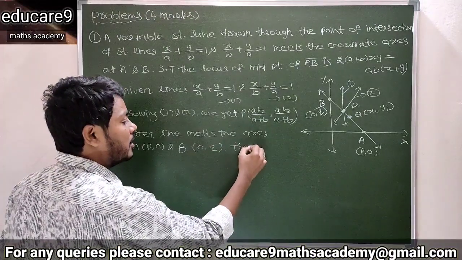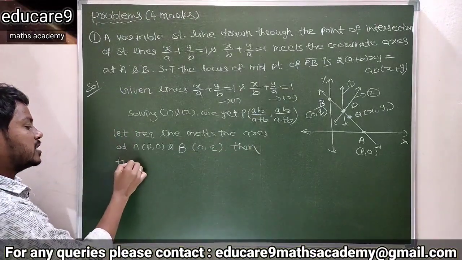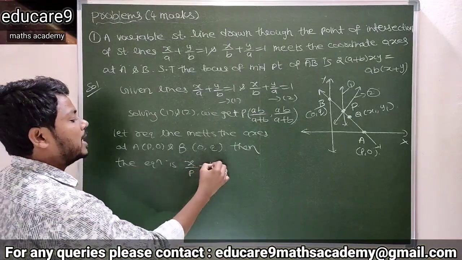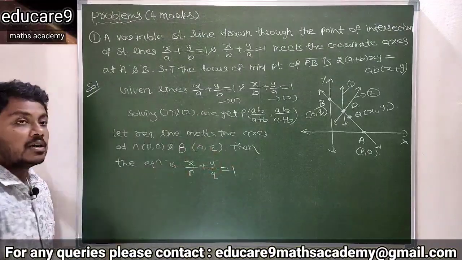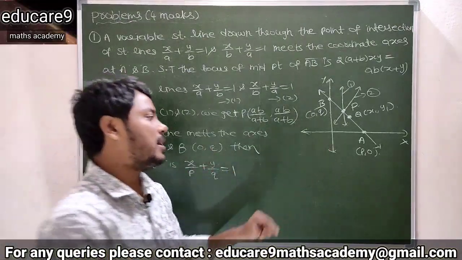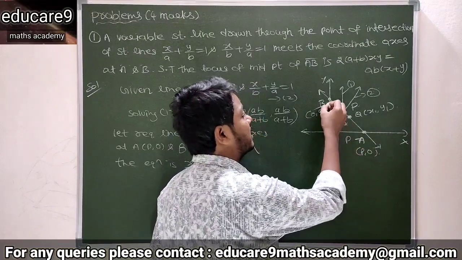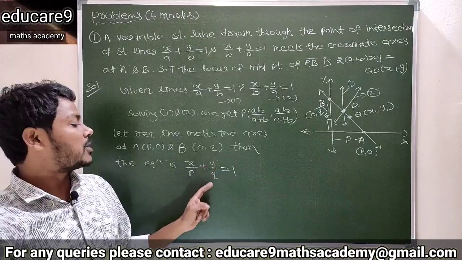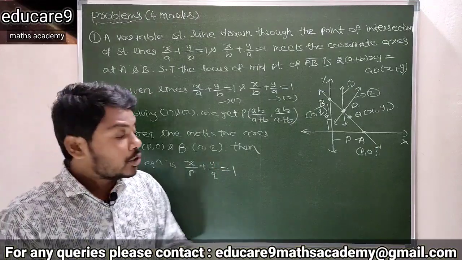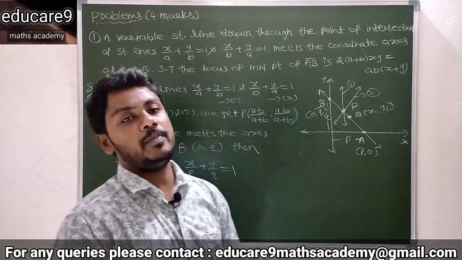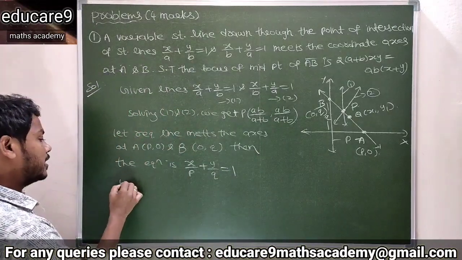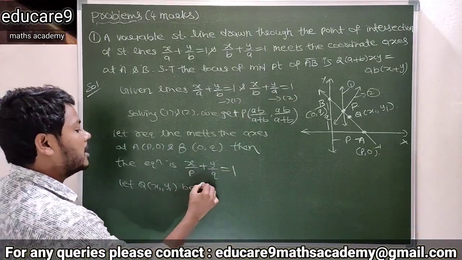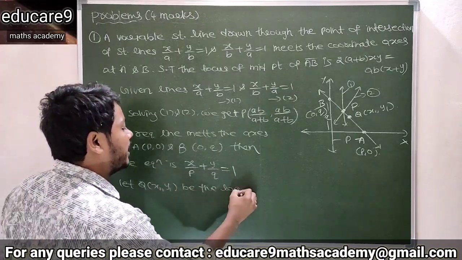Then the equation is x/p + y/q = 1, because the x-intercept is p and the y-intercept is q. That's why I am writing the intercept form x/p + y/q = 1. Here Q is the locus of the midpoint of AB. So let Q(x1, y1) be the midpoint of AB.